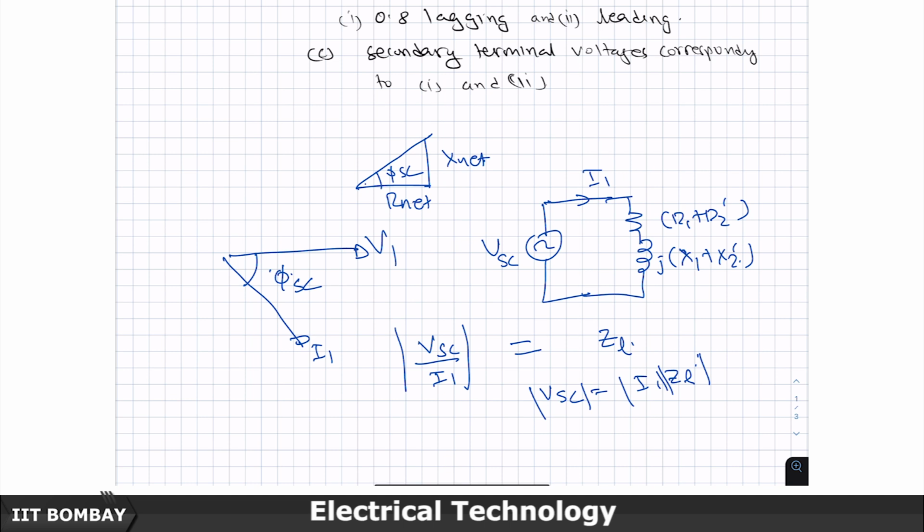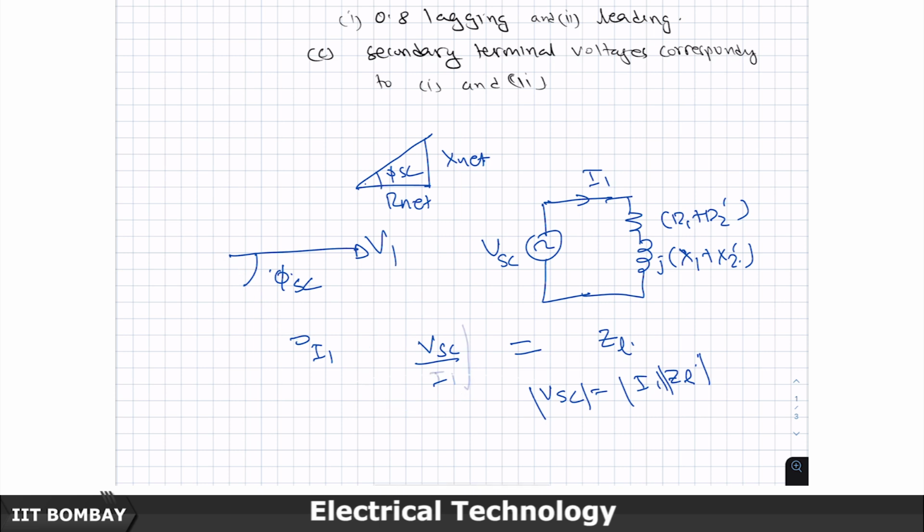So, therefore, I also know the lag from the short circuit test. I basically know everything about the impedance of the transformer, because I know this value which is the magnitude, and I know the angle, and therefore, I know all the parameters.